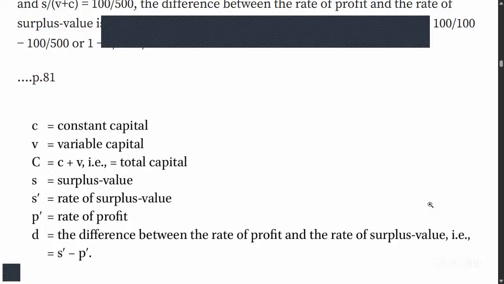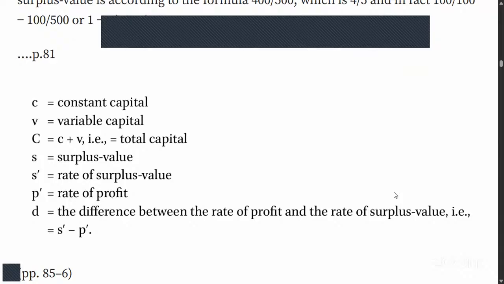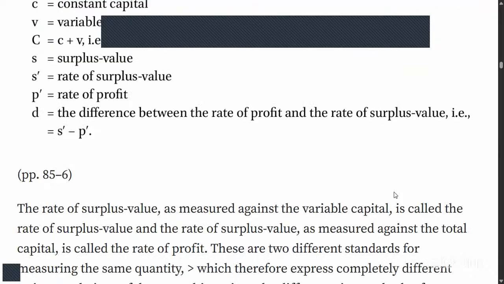Lowercase p prime is the rate of profit. And D equals the difference between the rate of surplus value and the rate of profit, i.e. equals S prime minus P prime. Now, that's a general overall way in which you could look at it. And as we move further along, the above was on page 81 in the Mosley text.